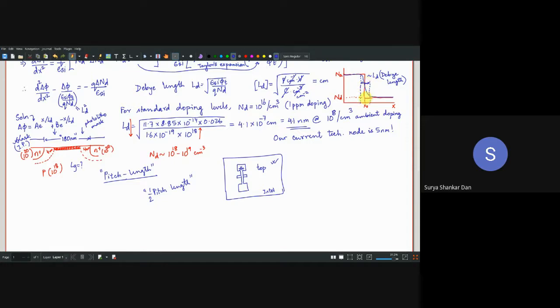That means you cannot ensure that the doping is going to be sharper, or more accurate, than this 41 or 4.1 nanometers if the doping is 10 power 18. Is that understood? Whereas in the case of a PN junction and the depletion region, it is much, much larger. We will go into that in the next class itself.